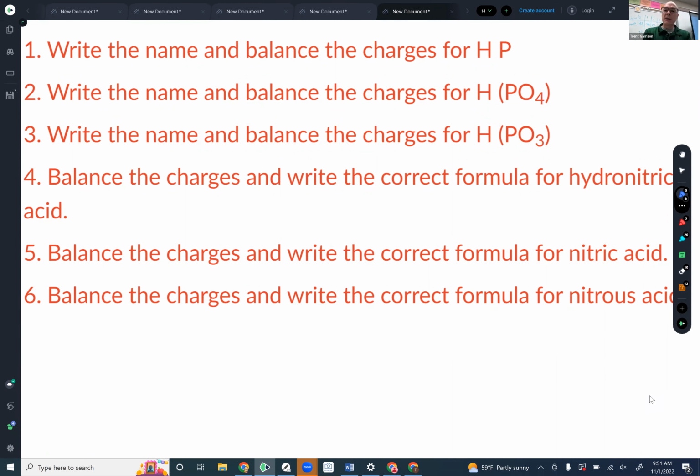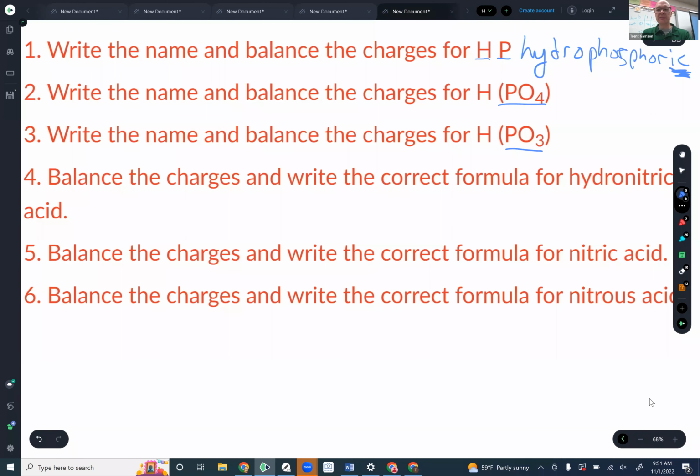So we first must recognize that this is binary, meaning that there are only 2 elements. It's not the polyatomic that you see below it with parentheses and more than 2 elements. So the name of this one is going to end up being the prefix hydro, and then we're going to put phos, for, and the suffix is going to be ic.